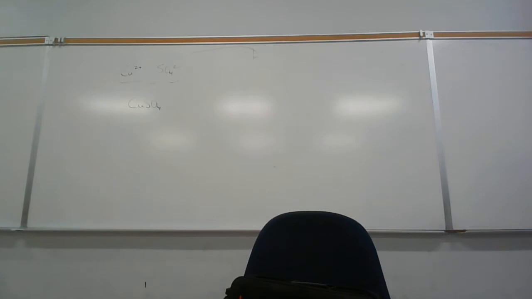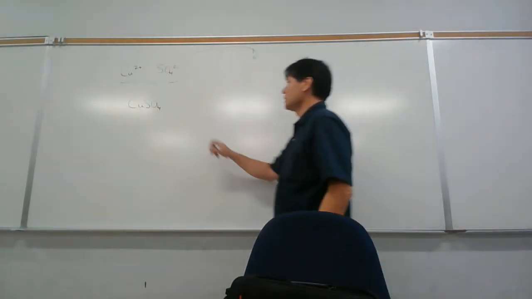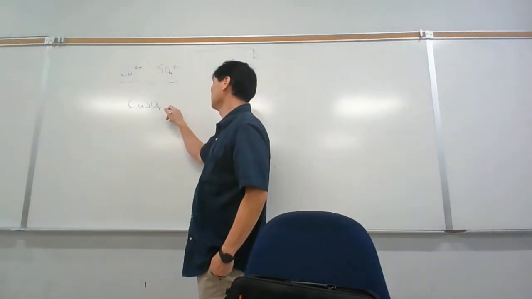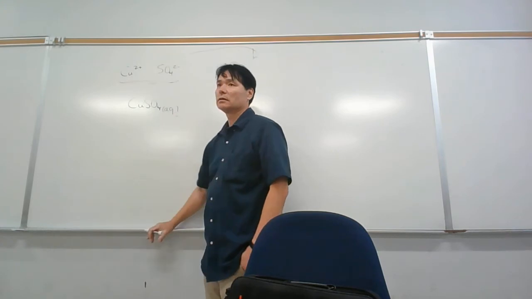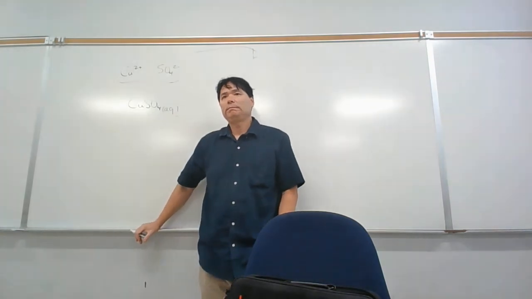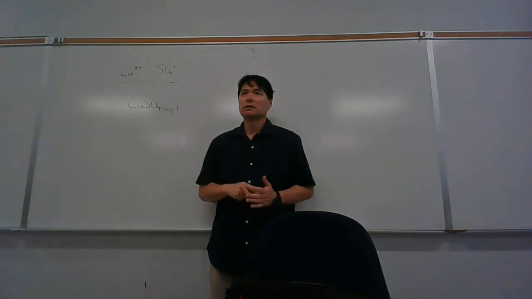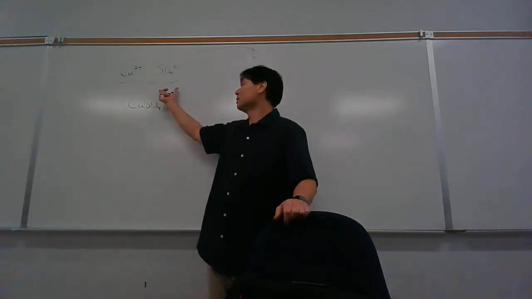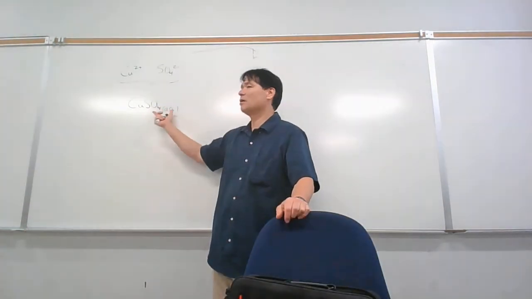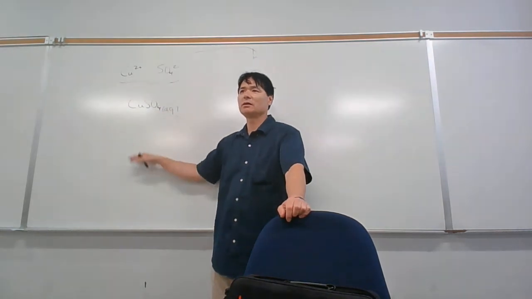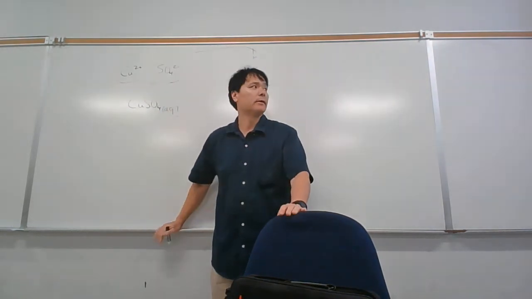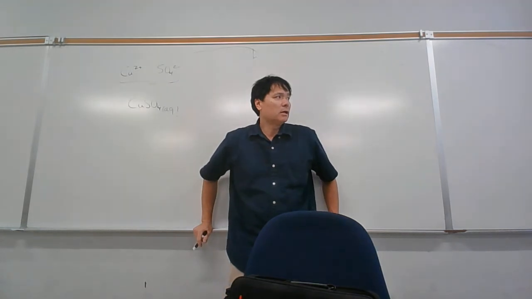If it's a solution, that means it's got to be dissolved in water. And so this has got to be dissolved in water, aqueous. Unfortunately, when we get to chemical reactions, this is the critical step here, because if you get the wrong formula, then the whole thing is wrong. And so you want to try to get the nomenclature down.